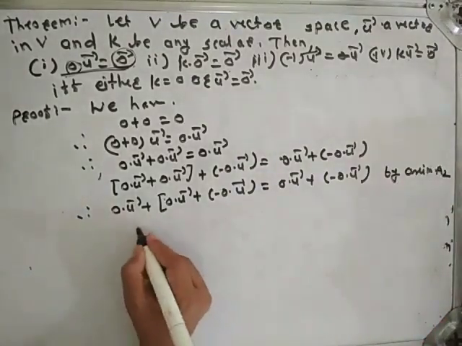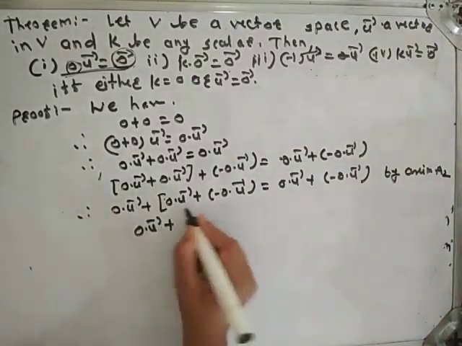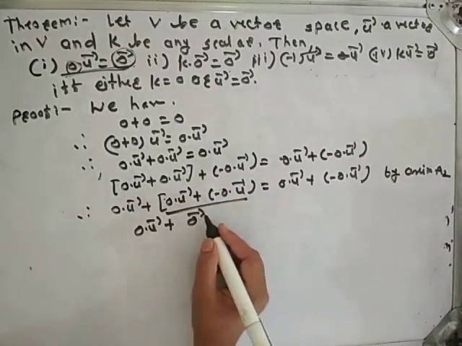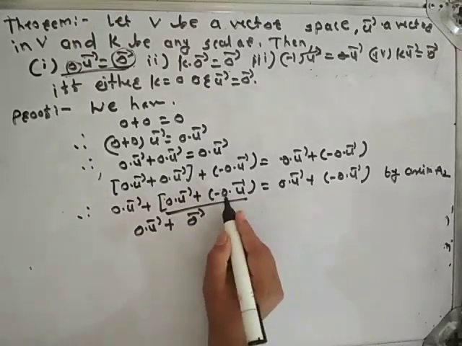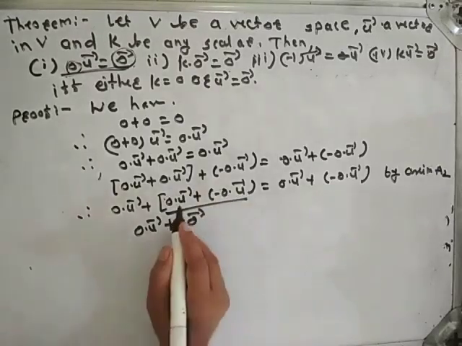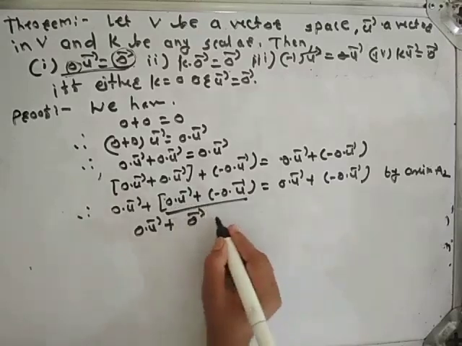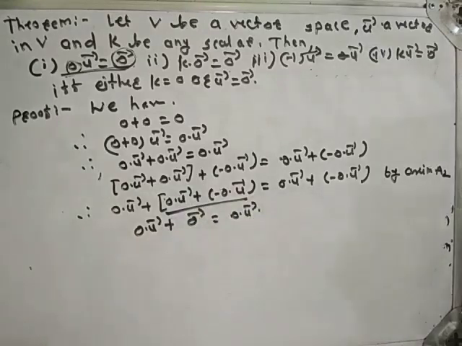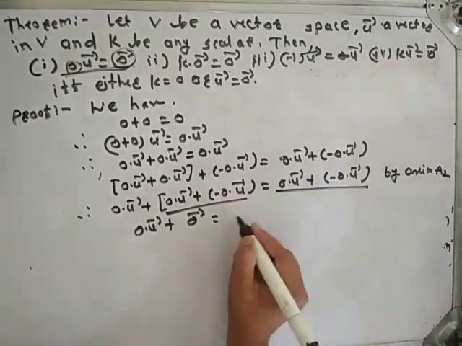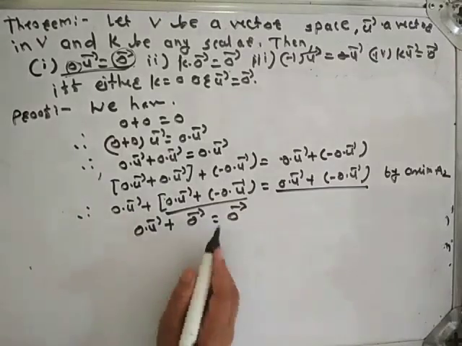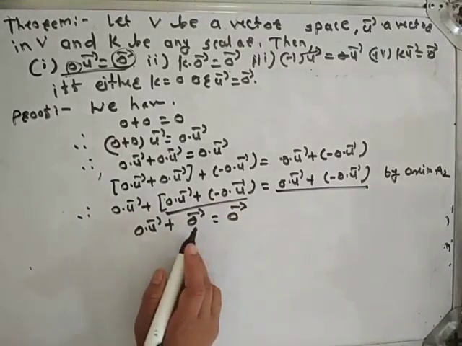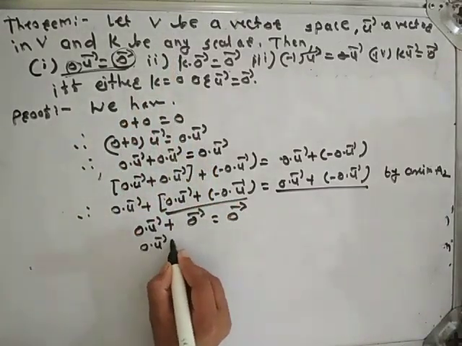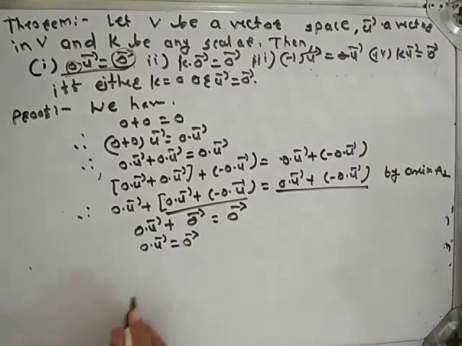This is nothing but 0 dot u bar plus 0 bar. Why is this? Because of axiom A4, because 0 minus 0 dot u bar is the negative of 0 dot u bar. Which is equal to 0 dot u bar. Sorry, this is again 0 bar, and this 0 bar is the 0 in V. Therefore, 0 dot u bar is equal to 0 bar.